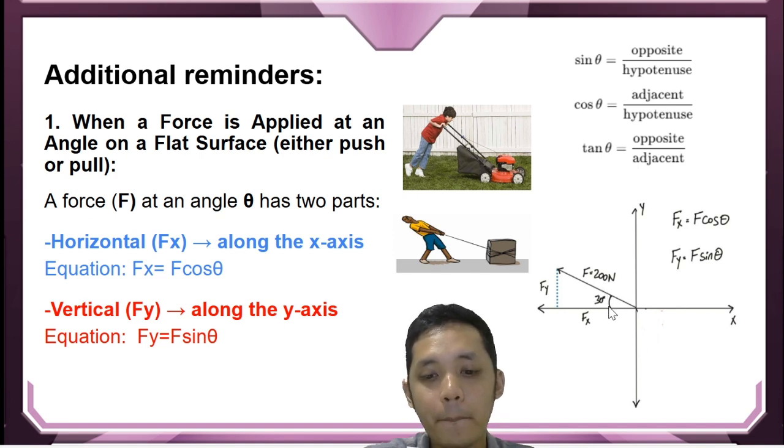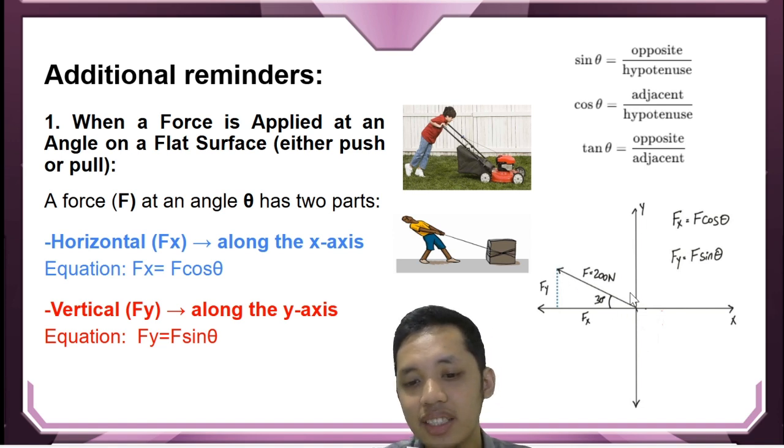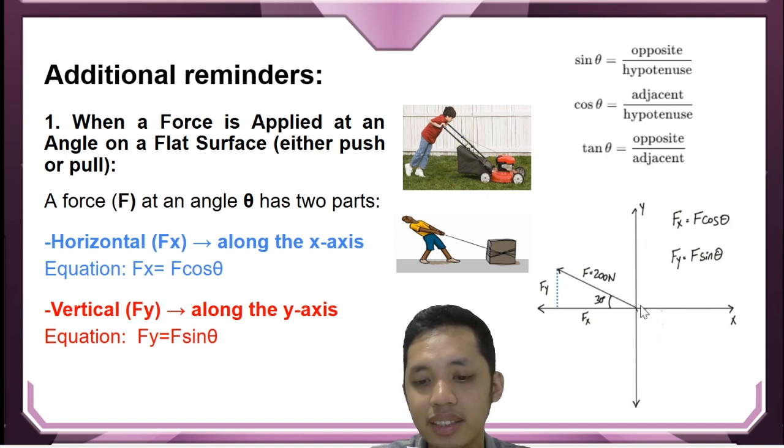Now, the x component of this force applied by this person is represented by this arrow. Okay? Until here only.